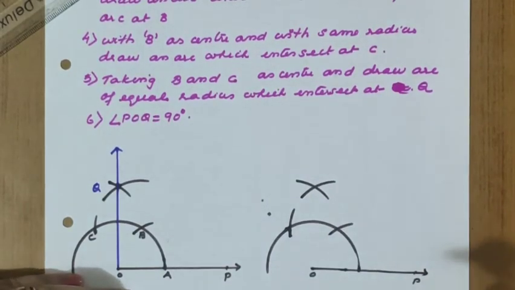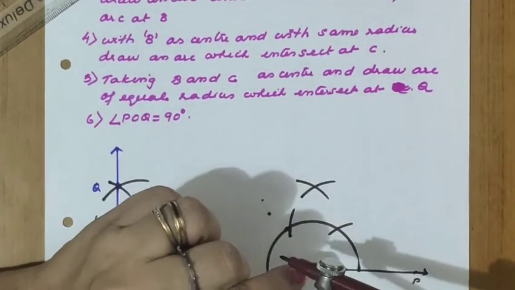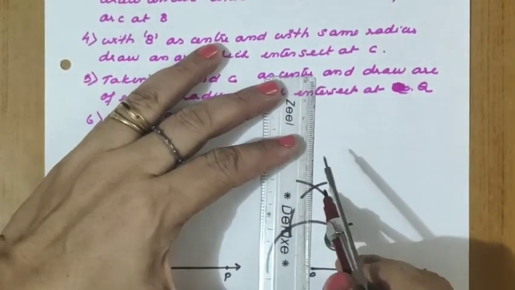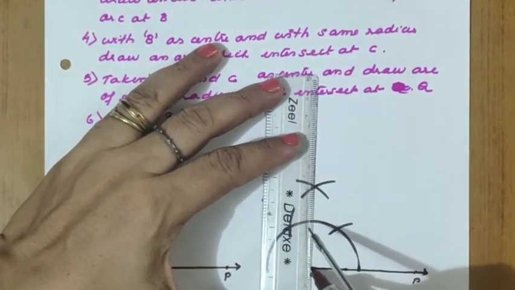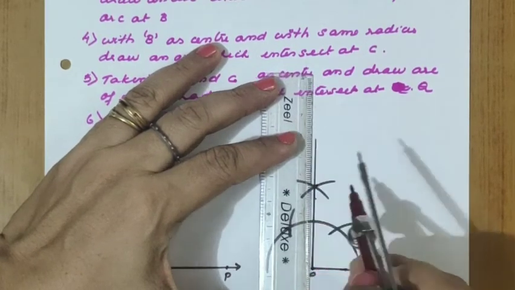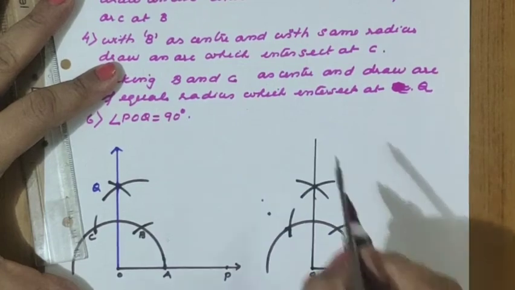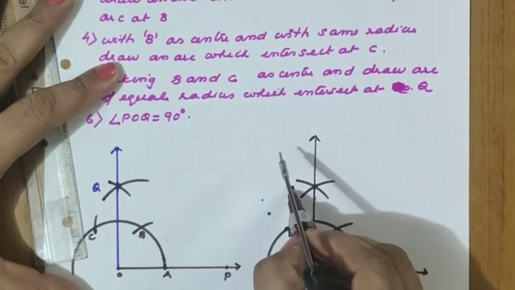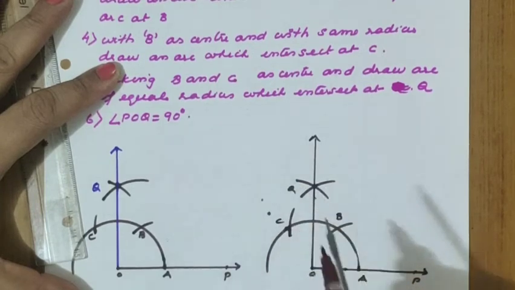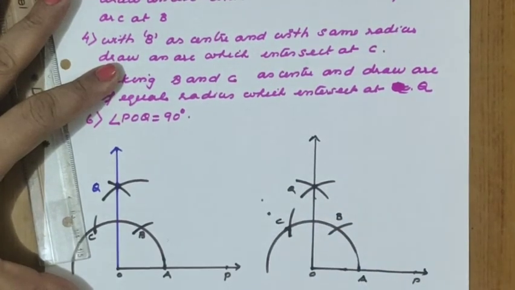So now just complete the diagram. So you'll get an angle POQ equal to 90 degree. So 2 times I already did. You learned now how to do the construction. So let me complete it. What are the names? P, O, Q here. Here A, B, C. Right? These are the steps we have done.